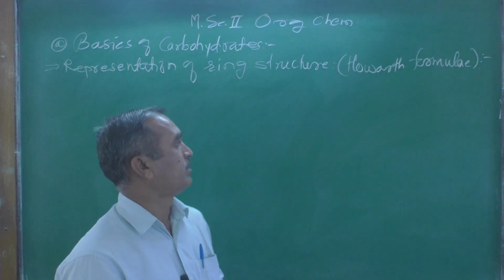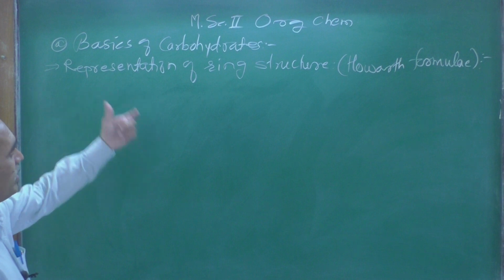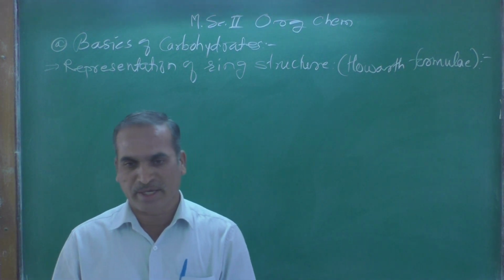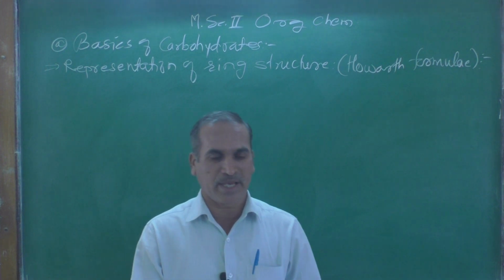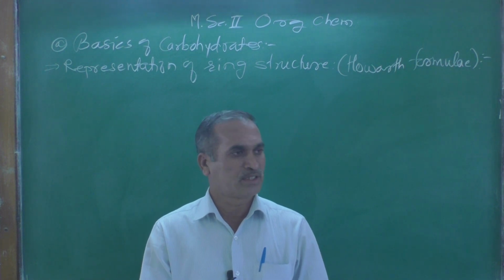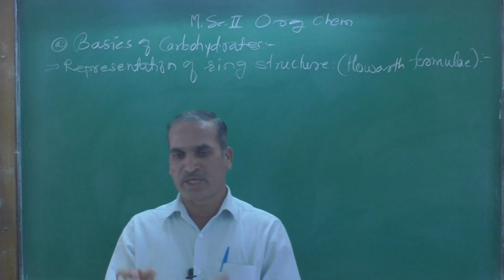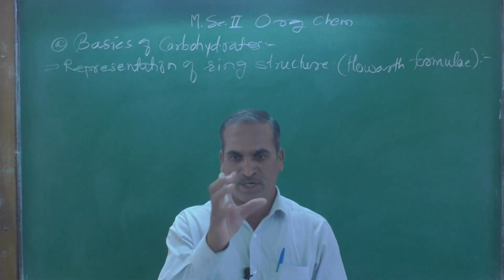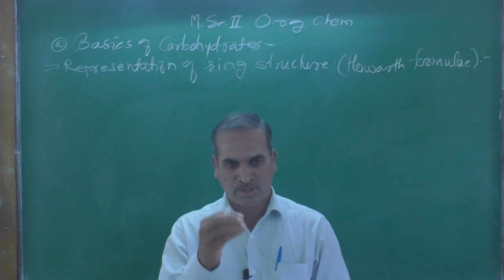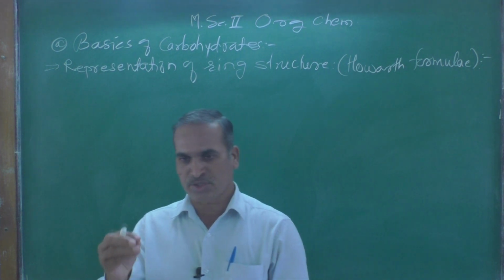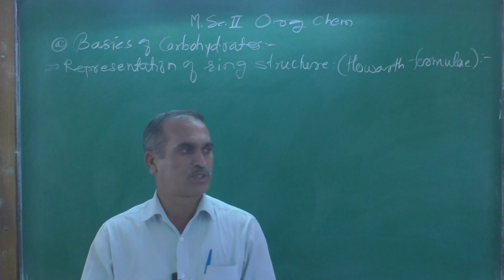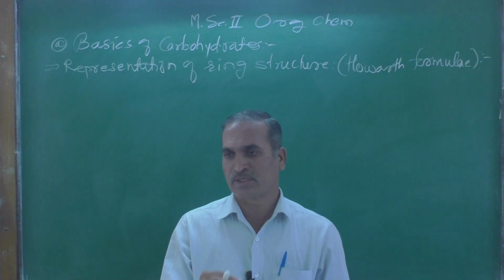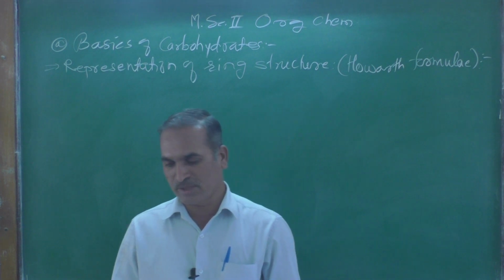The heading is given here: representation of ring structure. How we can represent, how we can draw, or how we can show the correct ring structure of glucose or its analogs that we are discussing.